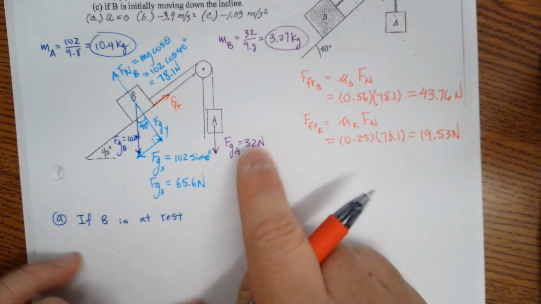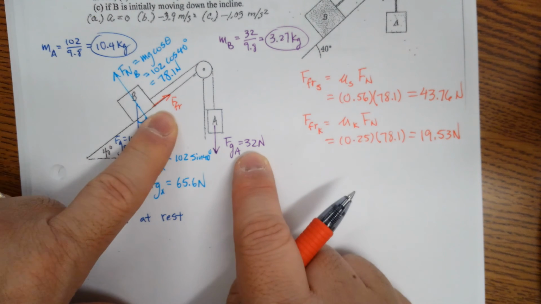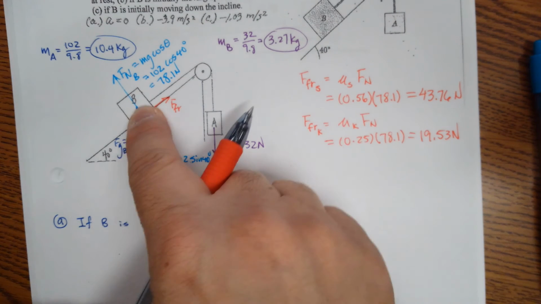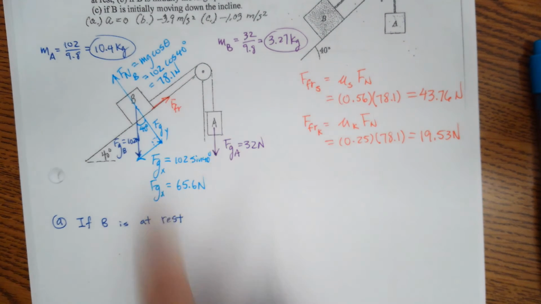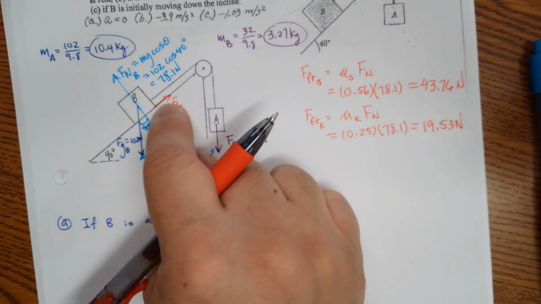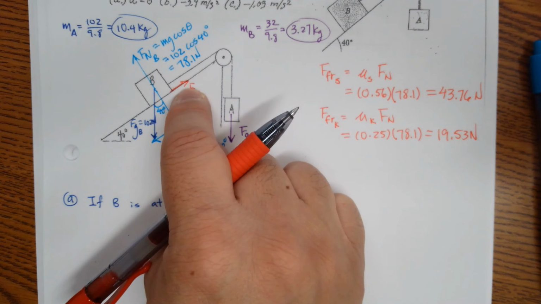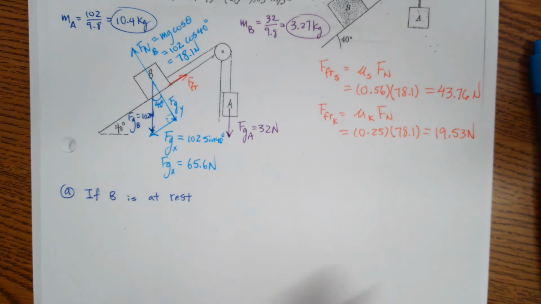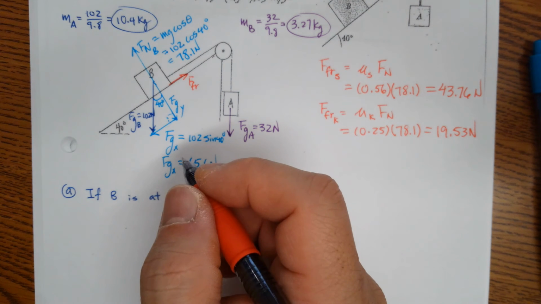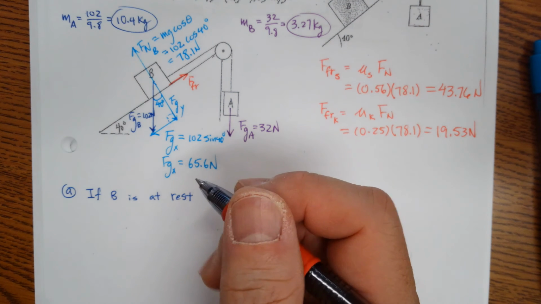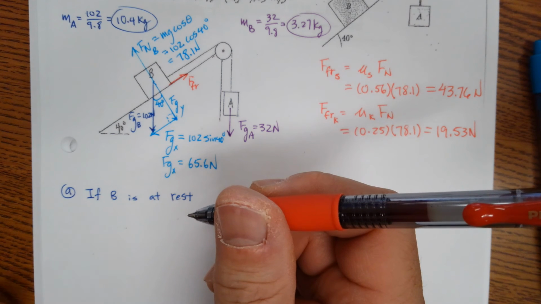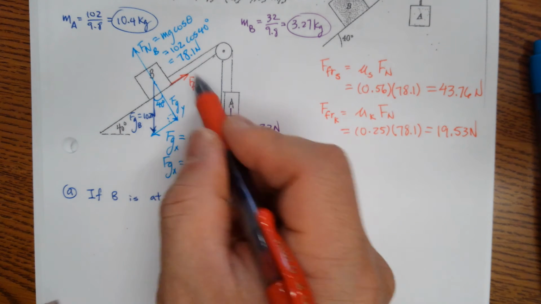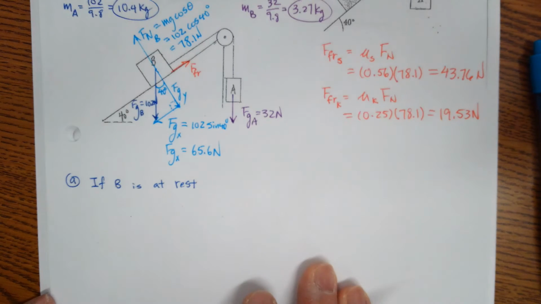Because the tension has to be 32, and if I add this, it's going to be bigger than that, and that's not going to make it try to go that way because of friction. Friction is a reactive force, so it's only going to require whatever is necessary to just keep it stable. So let's find out how much friction is required to keep it stable.